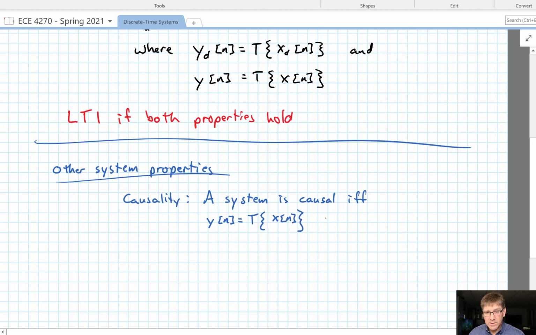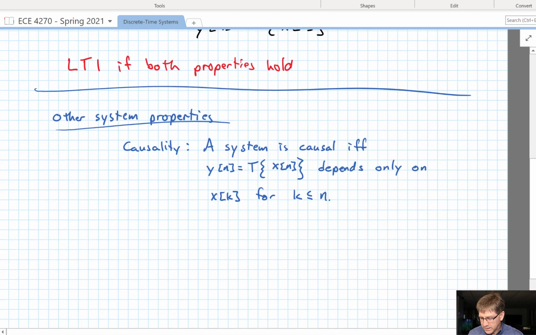We're keeping the system very generic right now and not specifying what that operation is, just that there is some system that operates on x to give us an output. So it's causal if the output y depends only on x[k] for k less than or equal to n. So this means that the output can only depend on what we've seen so far and not on something in the future.